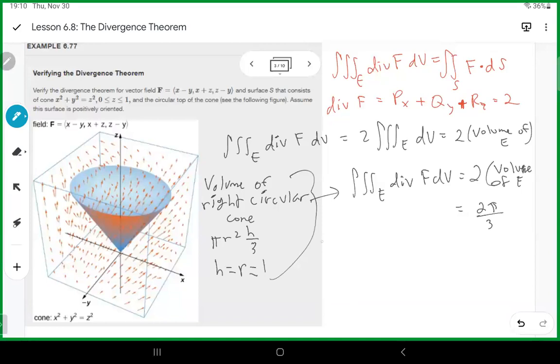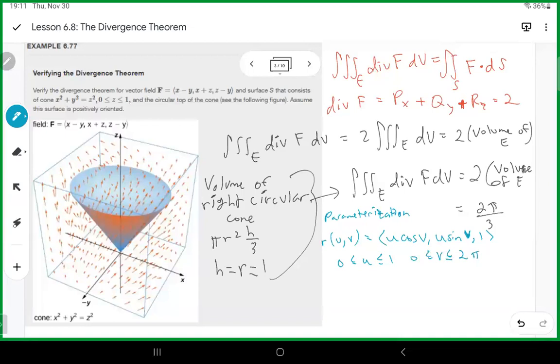So we would have r(u,v), and it's going to be from 0 to 1, and then 0 to 2 pi.